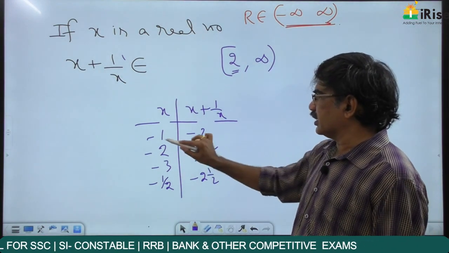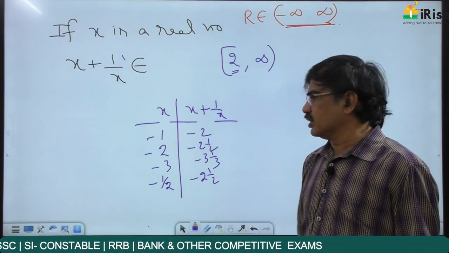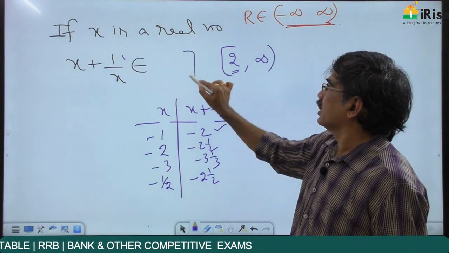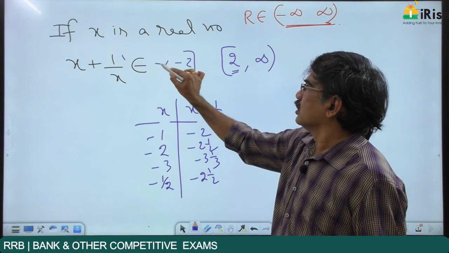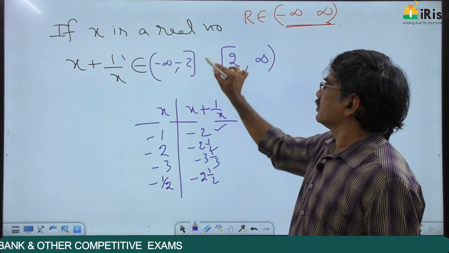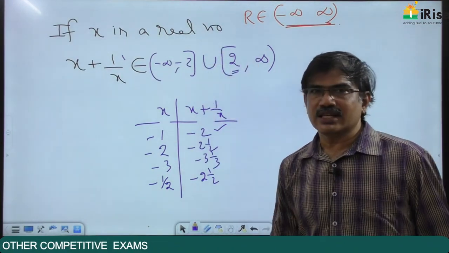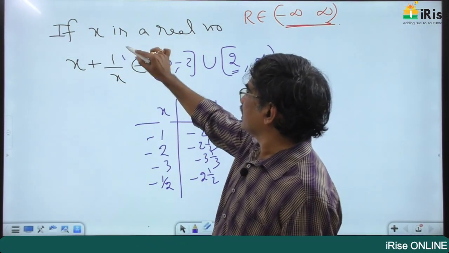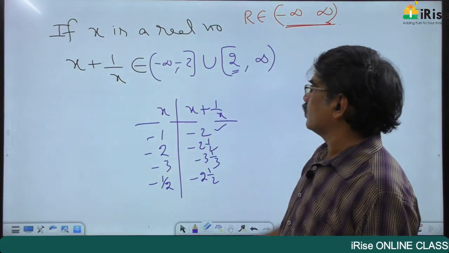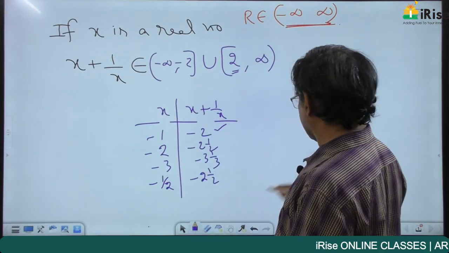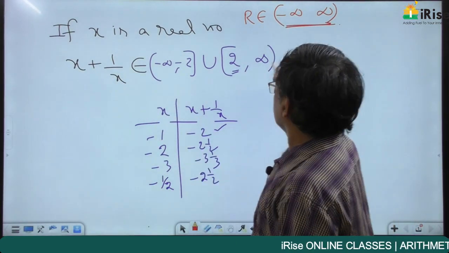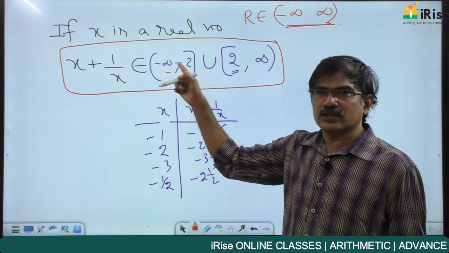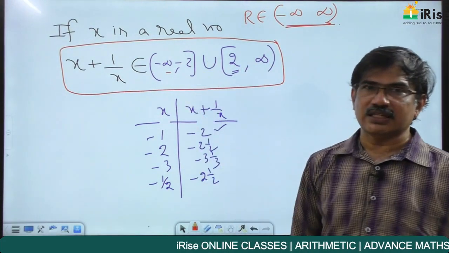So if you put any negative number, the value is always at most minus 2, and it goes to minus infinity. Therefore, the range of x plus 1 by x when x is real is from minus infinity to minus 2 union 2 to infinity.